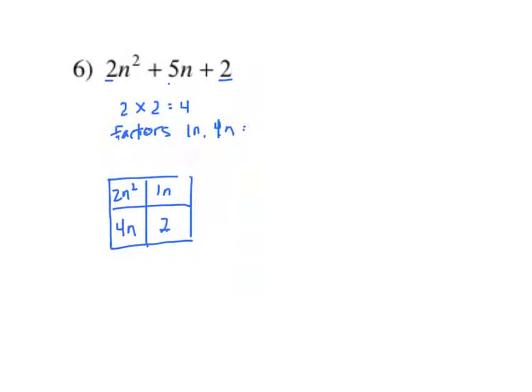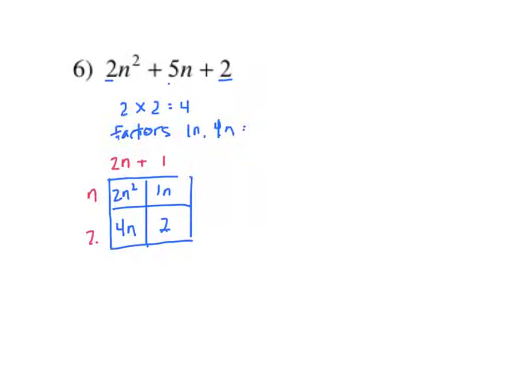So in the top row, I can divide an n out of both of those numbers. In the bottom row, I can divide them both by 2. In the first column, I can divide by 2n, and then in the second column, they really don't have anything in common, so I can just divide by 1.